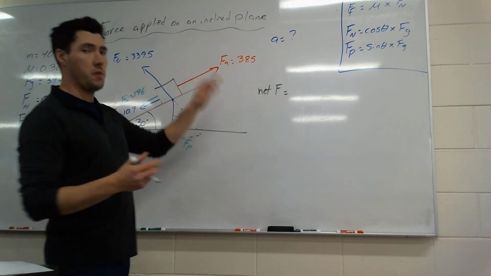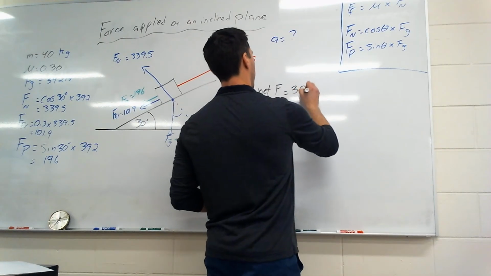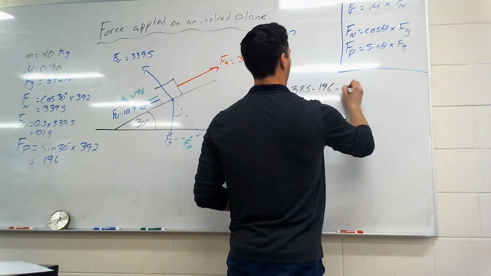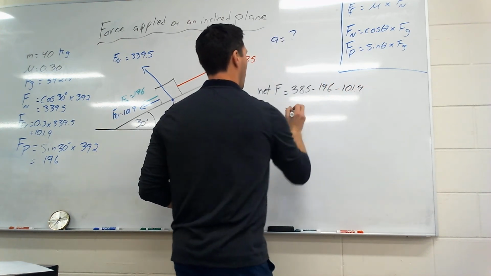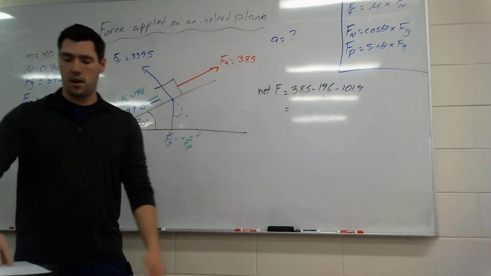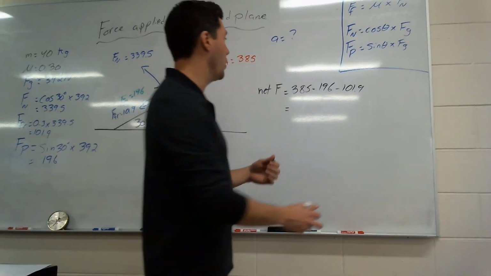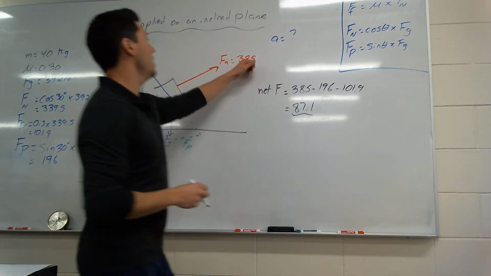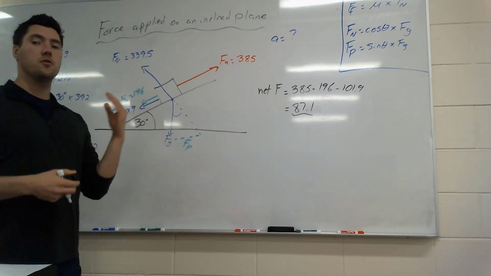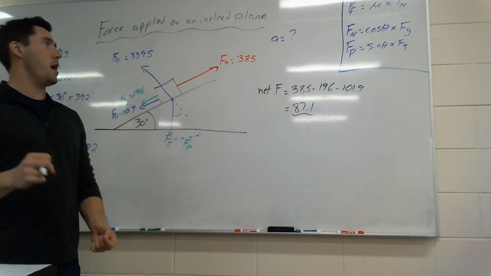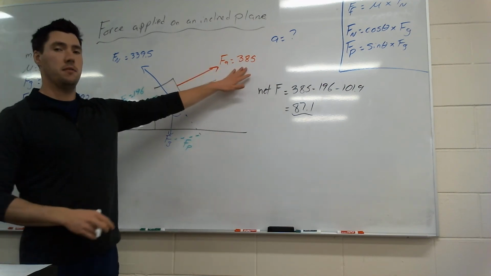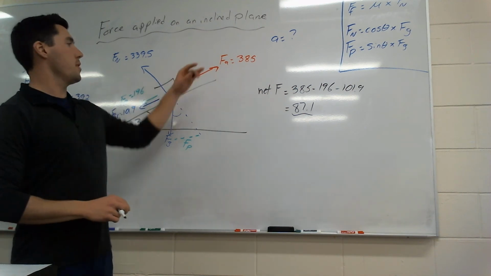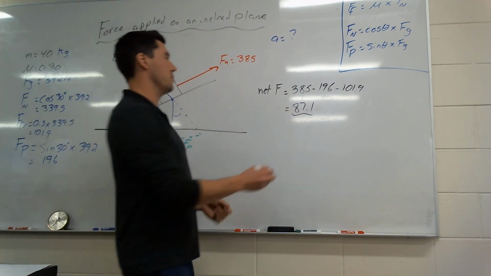I'm winning, so I use my number first. 385 minus 196, that's force parallel, minus 101.9, that's friction. I still get a positive answer, 87.1, which means I am beating both of these forces. So this thing will be moving up the ramp. Force applied, Mr. Westwood, is beating force parallel and force of friction. That is our net force, 87.1 newtons.